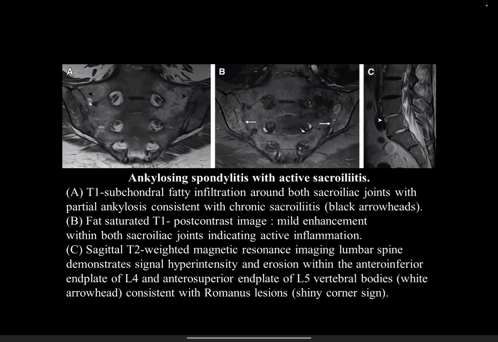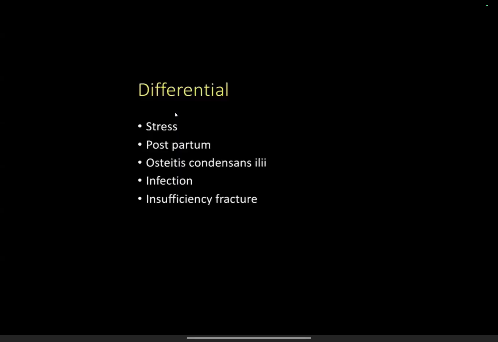Apart from it, on T1 and T1 post-contrast images, what are we seeing? Partial ankylosis along the SI joint as well as fatty metaplasia. Yeah. And this is showing some amount of post-contrast enhancement also. So even though the disease is chronic, it does have some active component. So maybe clinically, patient can be helped.